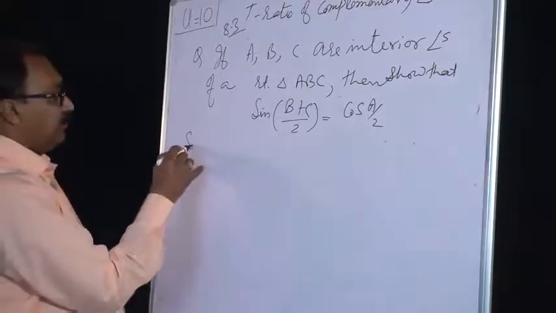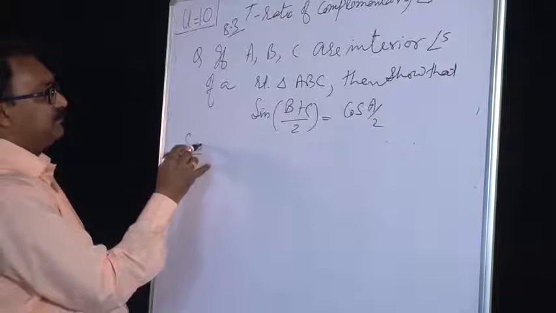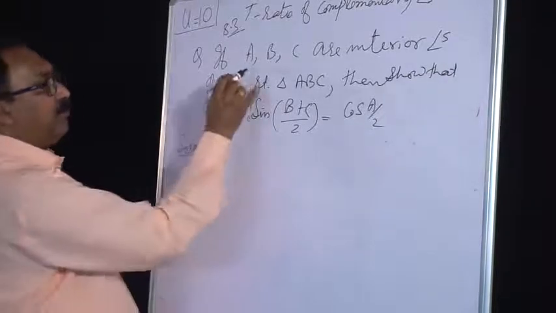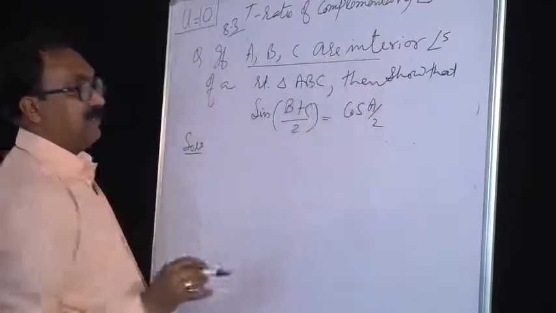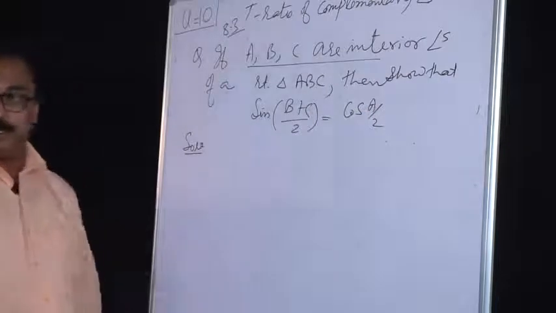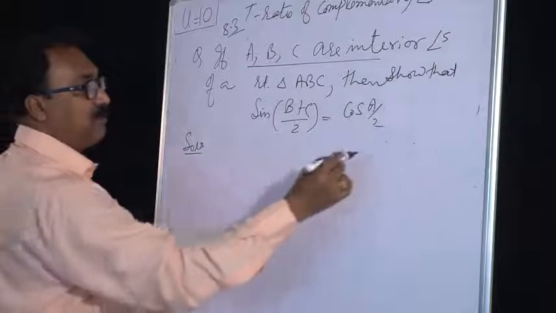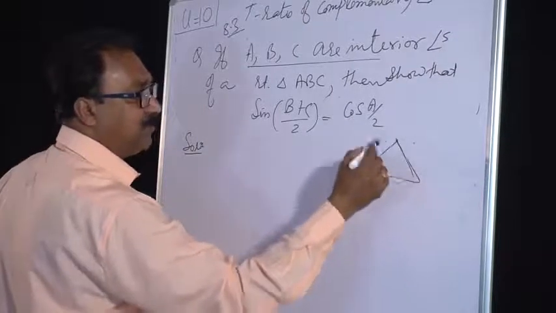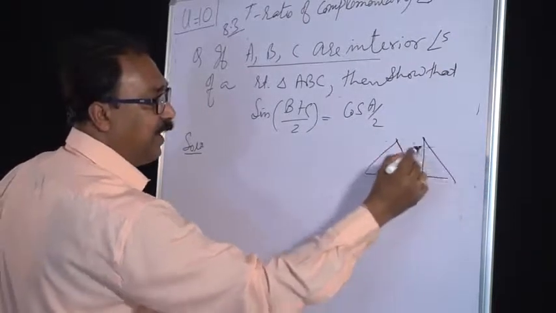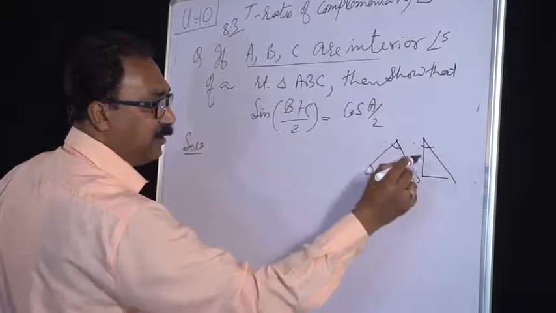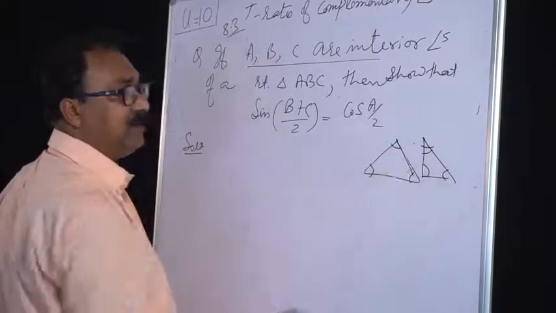Now in the solution part, we already know these are interior angles of a right triangle. Even if it is not a right triangle, they are interior angles of triangle ABC. If I add the three angles, what can you get?